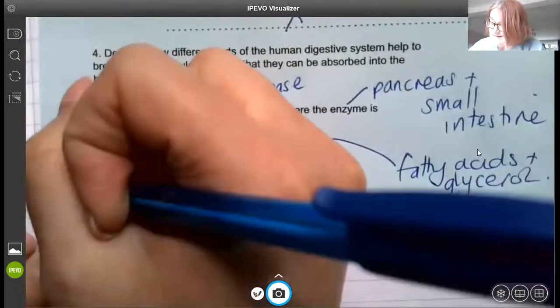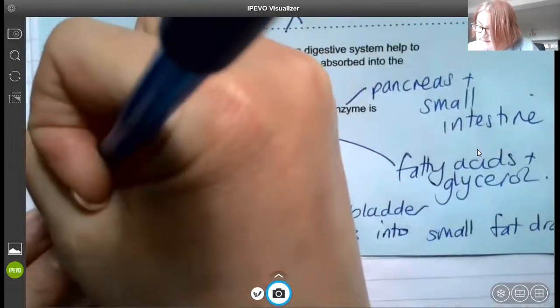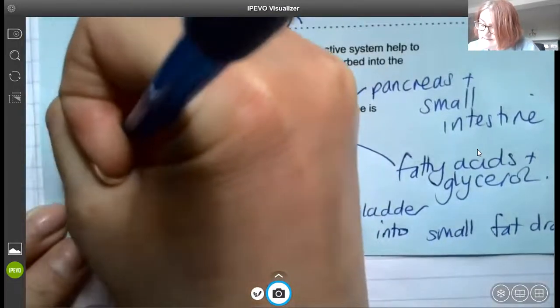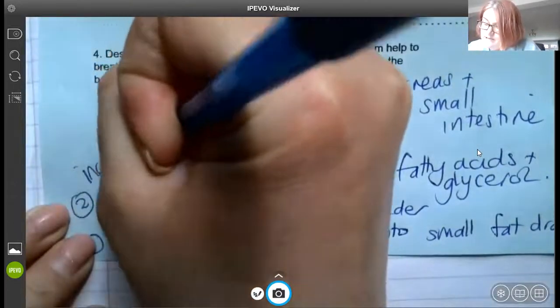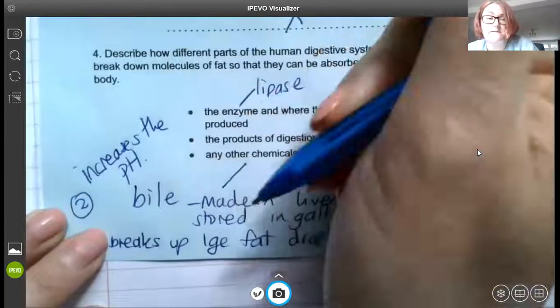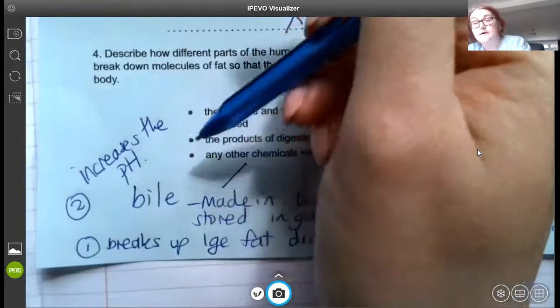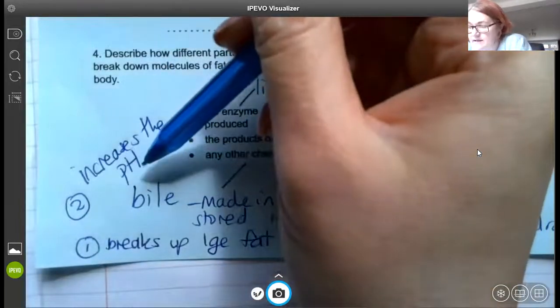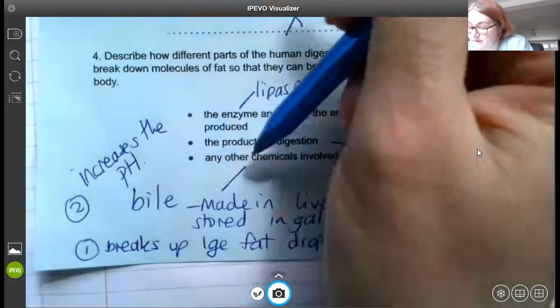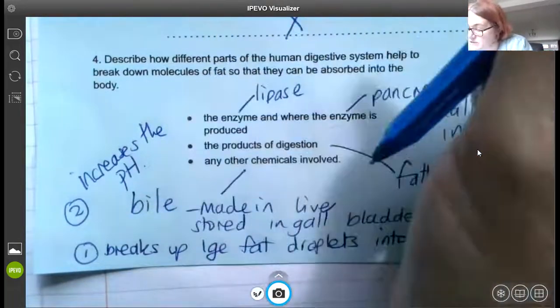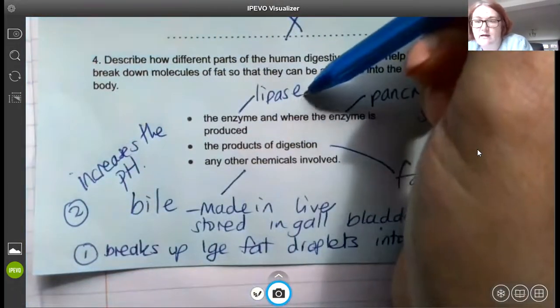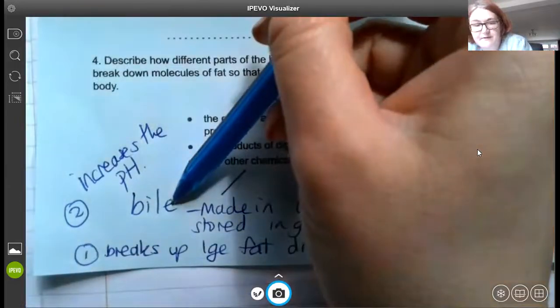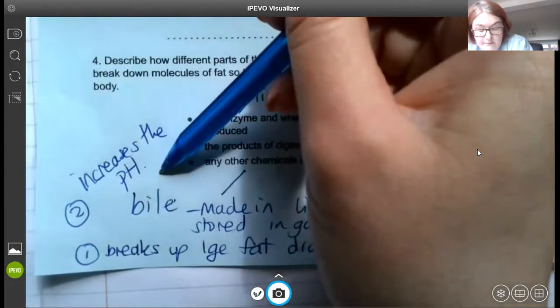The second thing that bile does is it increases the pH, so that when it's come from the stomach into the small intestine, the enzymes that are in the small intestine want it to be at a much higher pH. Lipase wants it to be at a higher pH, and what the bile does is it increases the pH.